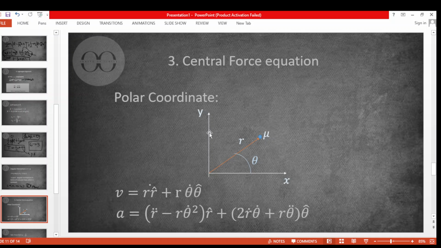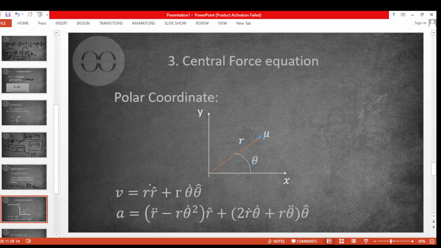So here comes our last topic of today's lecture, which is the central force equation. Here we can see we transformed our coordinate system from Cartesian to polar. So here is a polar coordinate system, which is written in terms of Cartesian coordinate system. Here is the interesting part and the key part of today's lecture.